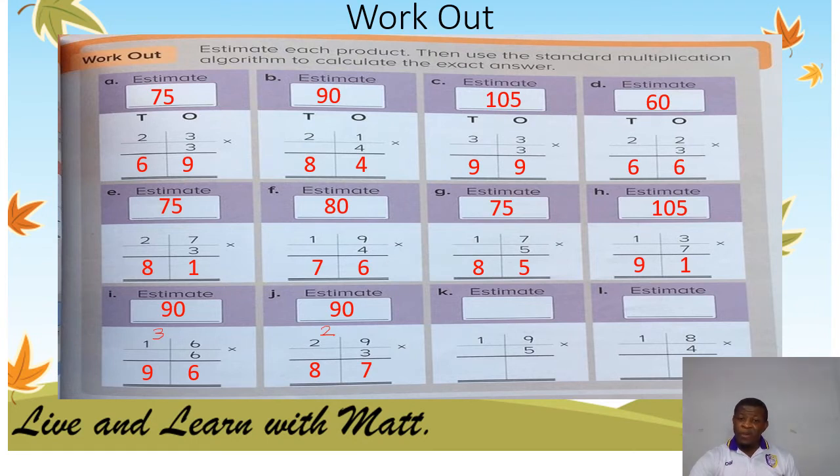Part K, estimate. 19 times 5, let's say 20 times 5 will be 100 as estimate. Now the exact will be 95. Part L, 18 times 4. The estimate will be 80. Now the exact will be 72. Now you can pause the video and write it down.